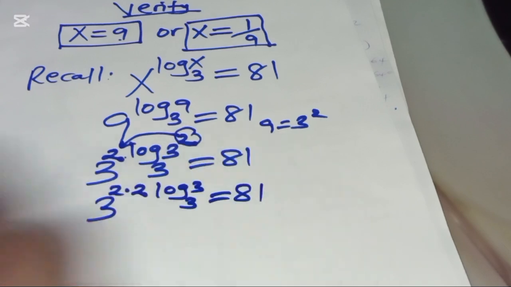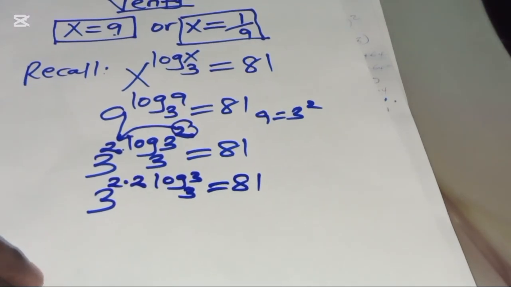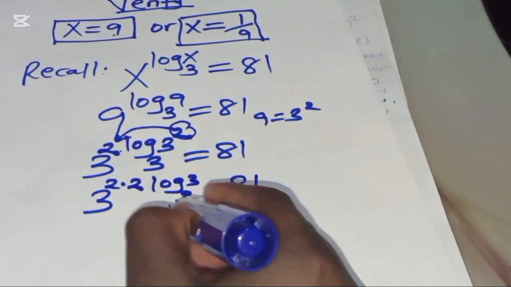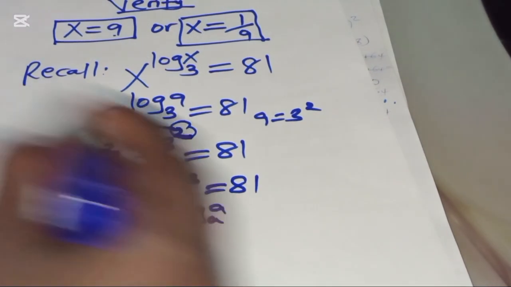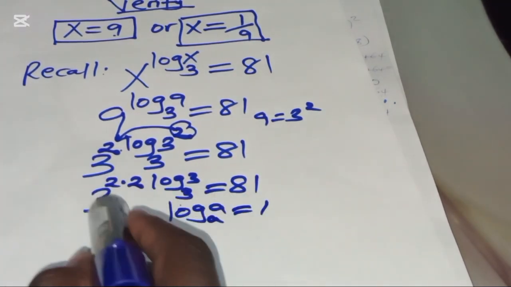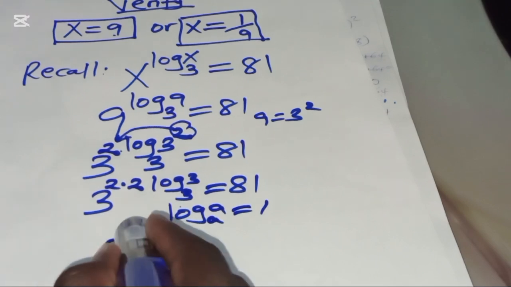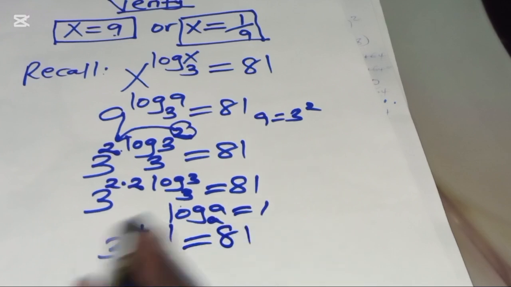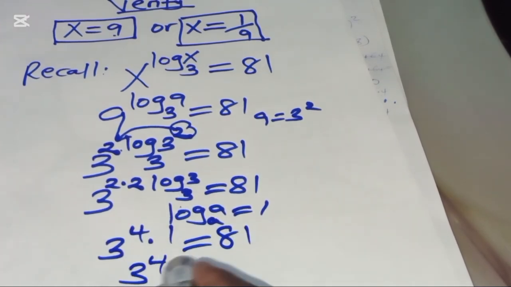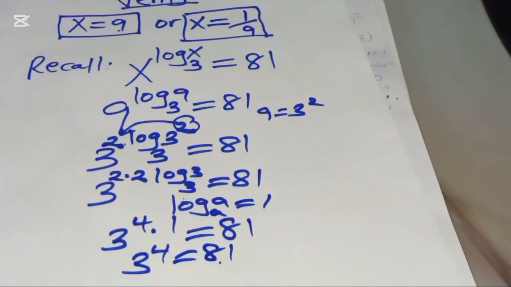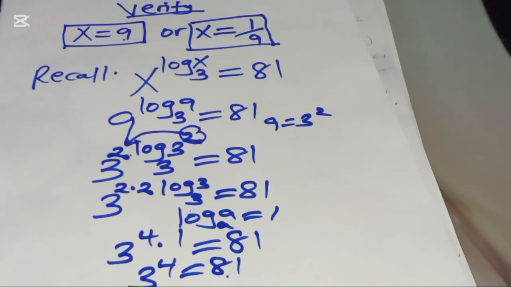Now log 3 to base 3 is in the form of log a to base a, and log a to base a is equal to 1. So this is 3 to power 4 multiplied by 1, which should give us a value of 81. So this is 3 to power 4, which is equal to 81. And it's true, 3 to power 4 is equal to 81. So that affirms that the value of x equal to 9 actually satisfies the equation.